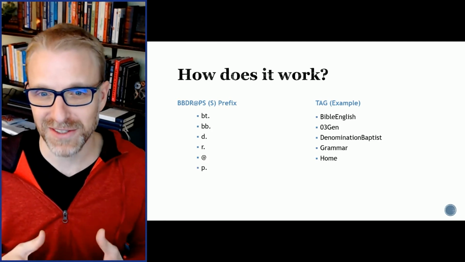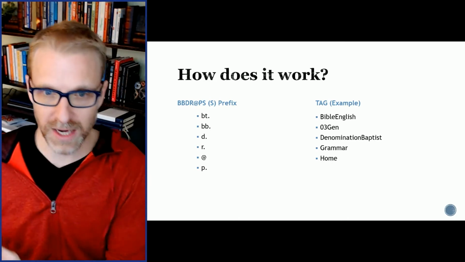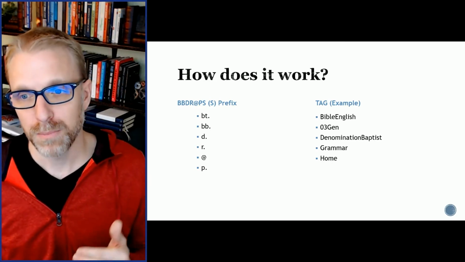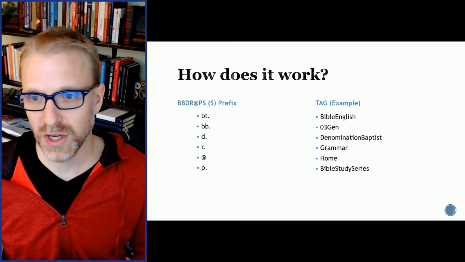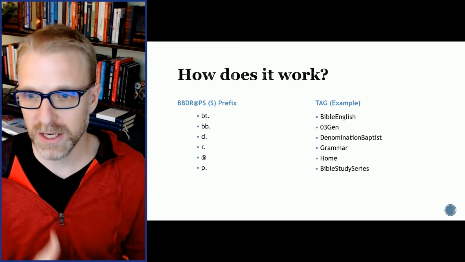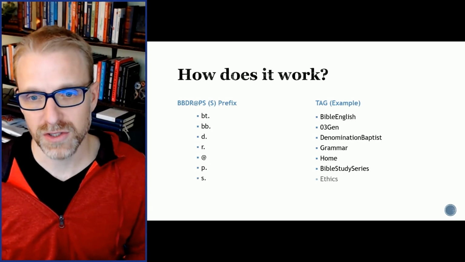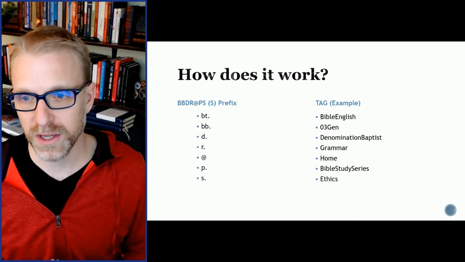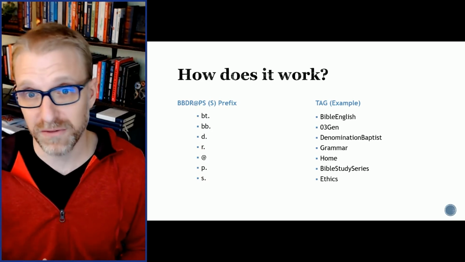We've got Onyx Coffee Lab here. You might do a tag that says at Onyx. P represents project, so if you're working on a Bible study series project, you could do P dot Bible study series. S represents subject, so if you want to tag all of your books on ethics, again, you might have several of these tags.